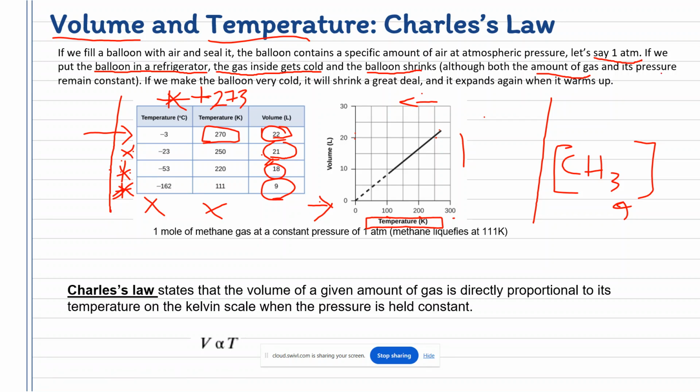But as the temperature of the gas decreases, at the temperature of 111 Kelvin, methane crosses over from being a gas to becoming a liquid, just like we saw in the video we watched, and that makes sense. So at this temperature of 111, methane, which is a gas, has now converted to liquid.